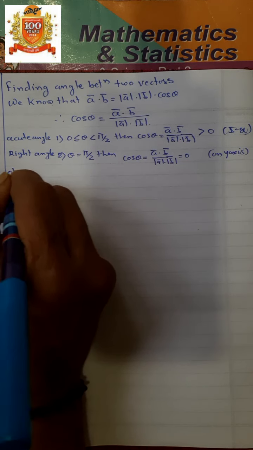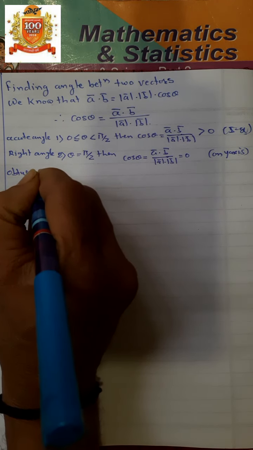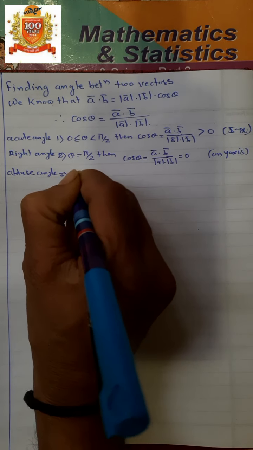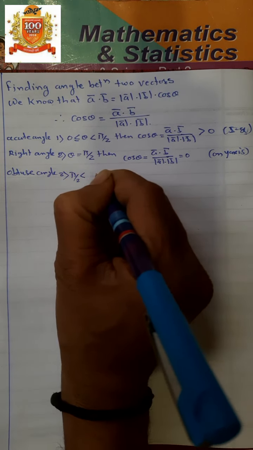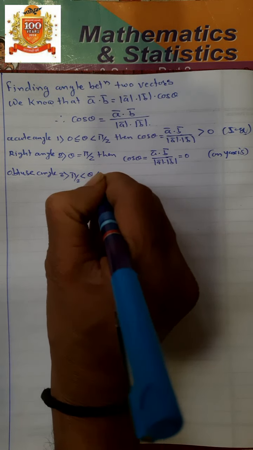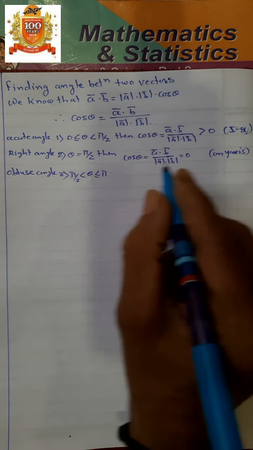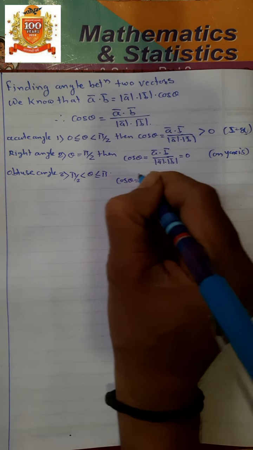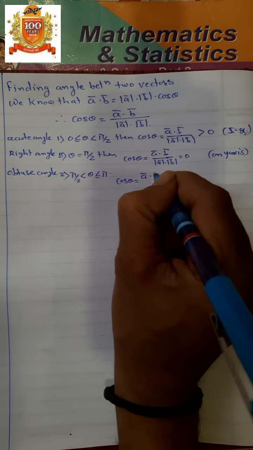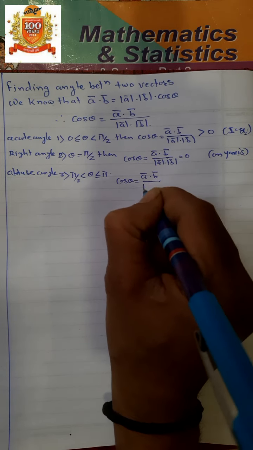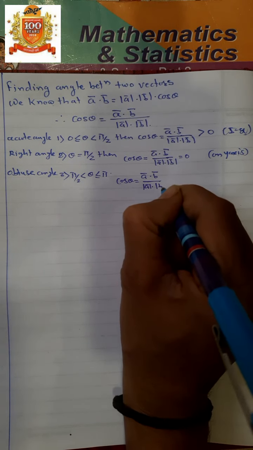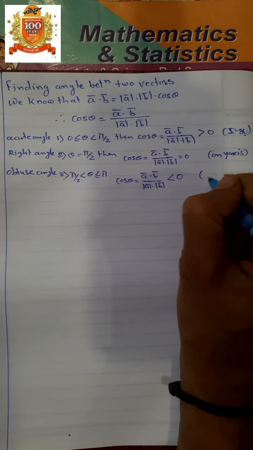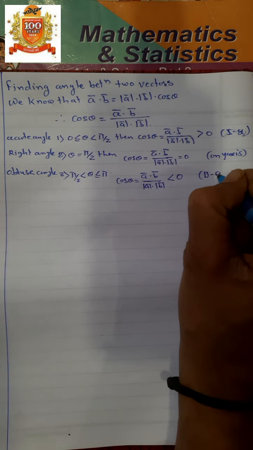Obtuse angle, third, pi by 2 is less than theta is less than or equal to pi. That is cos theta is equal to a bar dot b bar upon mod of a bar into mod of b bar is less than 0, negative, which is in second quadrant.